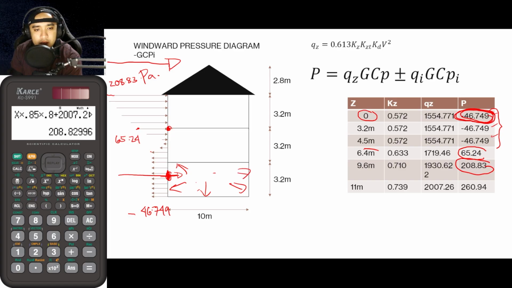Okay? So in that case, if it has that tendency to push the building from inside out, as you can see here, this would actually have a pressure at this point.